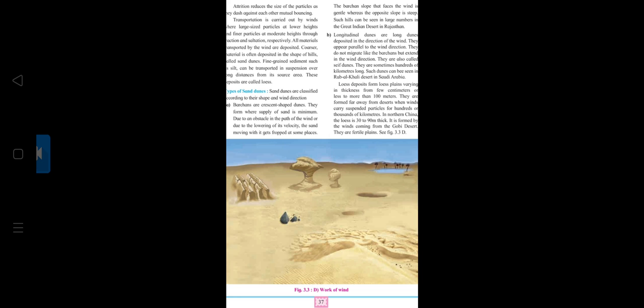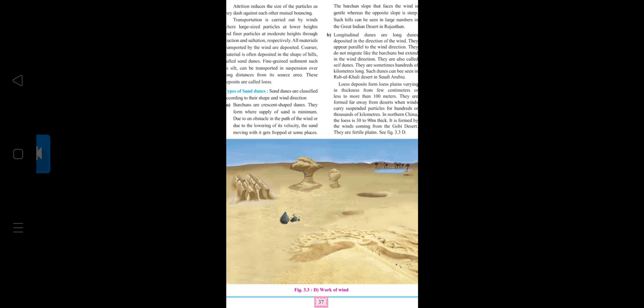Now the types of sand dunes. Sand dunes are classified according to their shape and wind direction. So how are they classified? With shape and the wind direction. Barchans are crescent-shaped dunes. They form where the supply of sand is minimum.